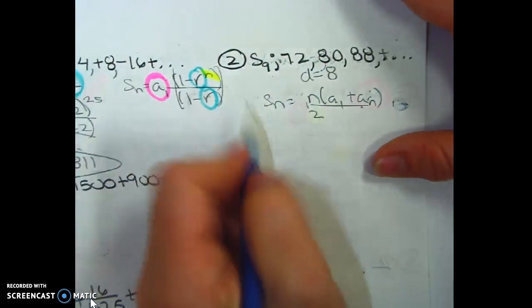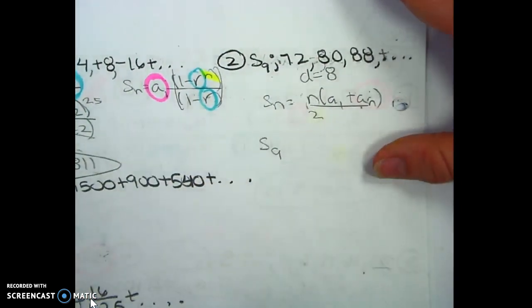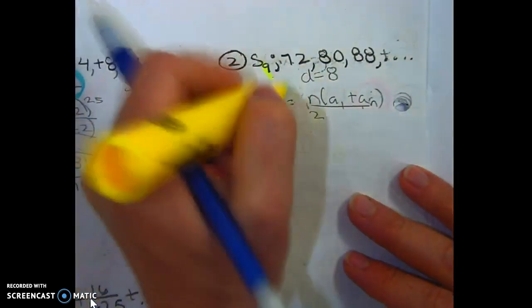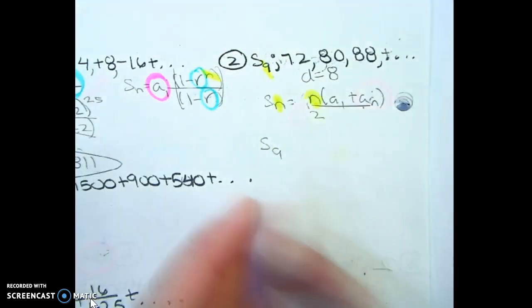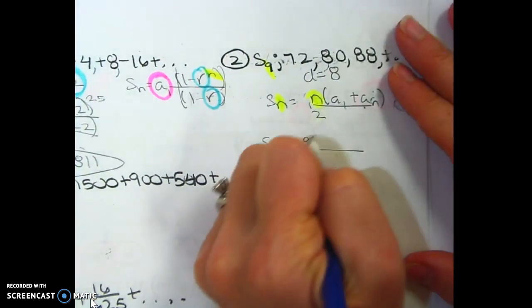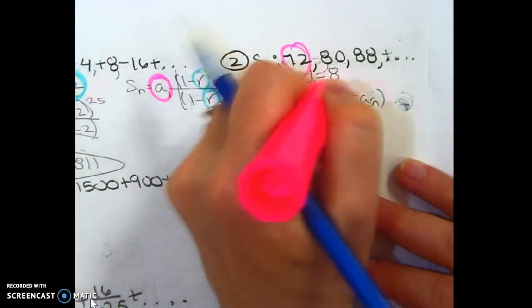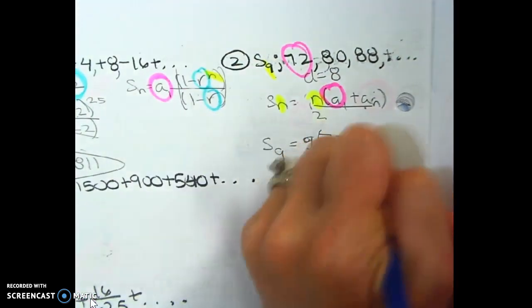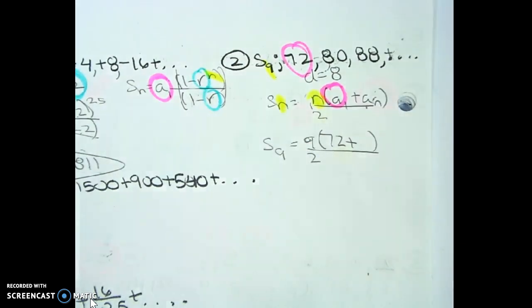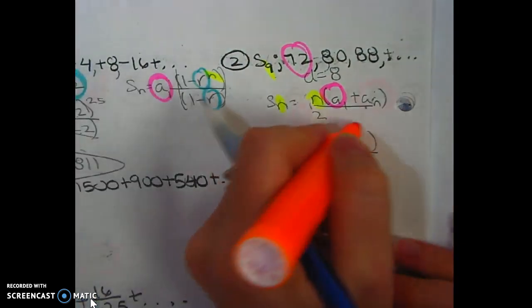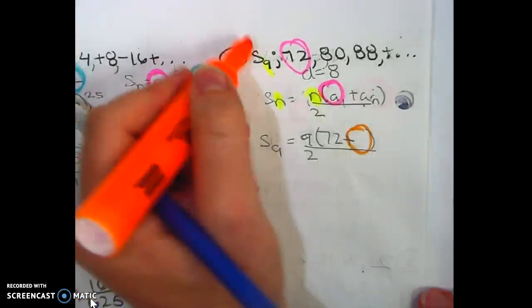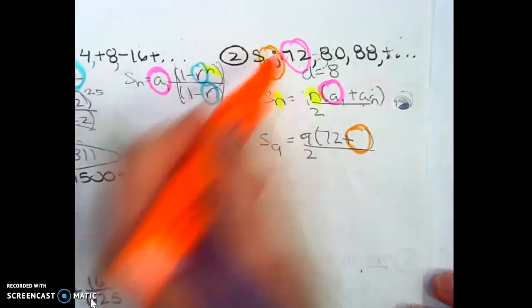Okay? So I'm going to find the sum of the first 9 numbers. The number that I'm focused on is my n. Okay? So that would be 9, and that's over 2. My first term is 72. Now, the most difficult part is figuring out what goes here. So that means I have to figure out what would be my 9th term.